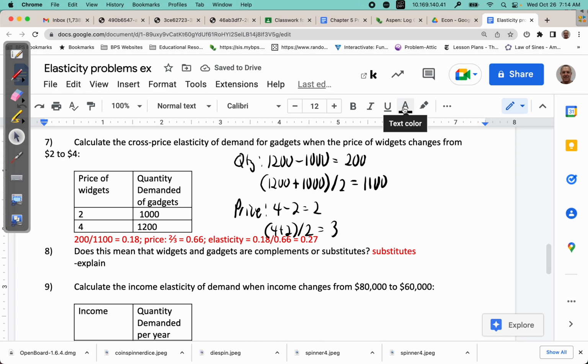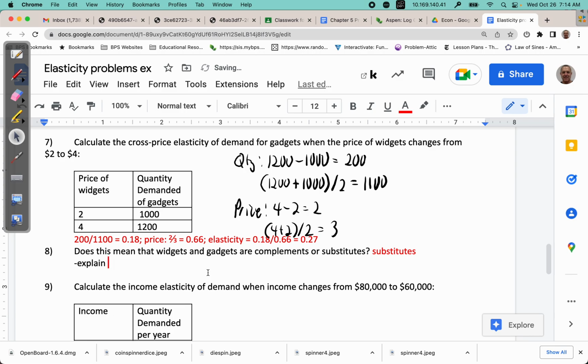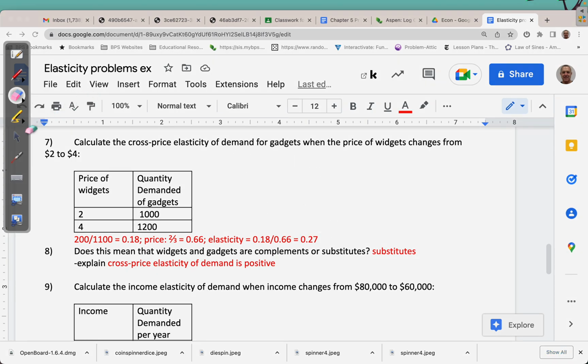When the price of widgets goes down, people buy fewer gadgets. The only explanation we need is that cross price elasticity of demand is positive. If we got a negative result, if one of these numbers went up when the other one went down, we'd say they're complements. Once you pause the video, try your own number 7 and 8.